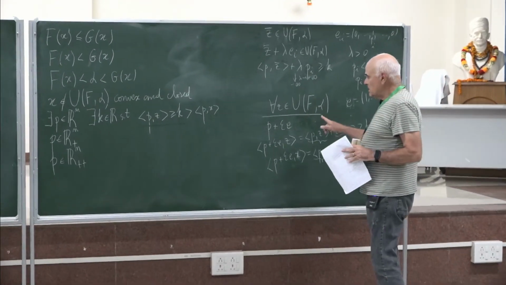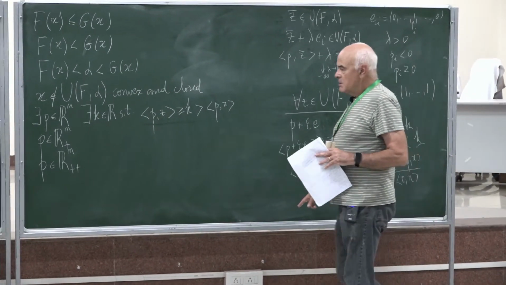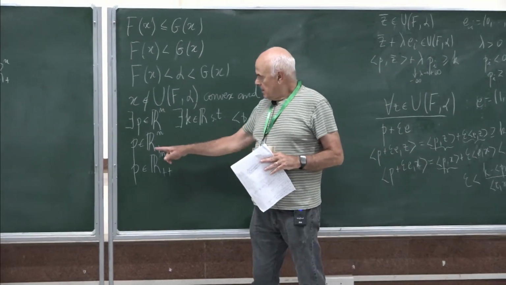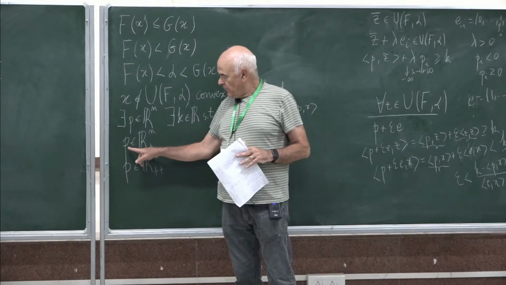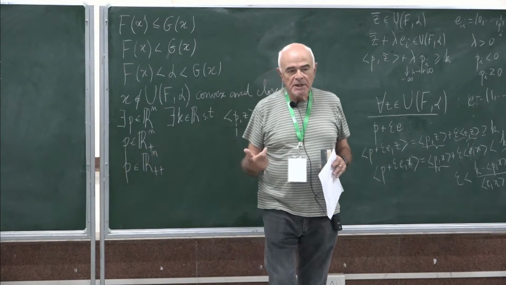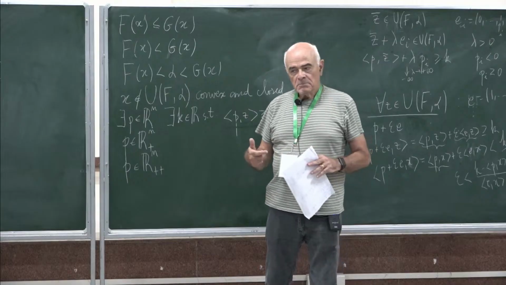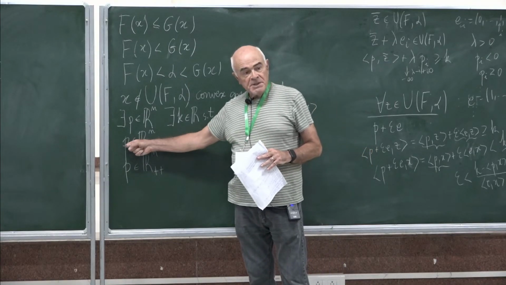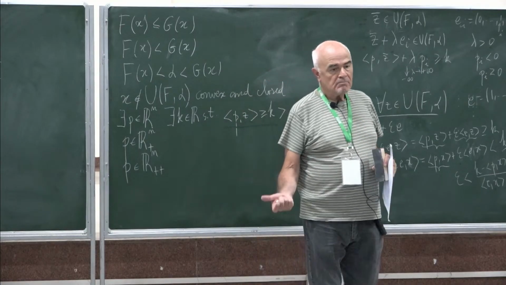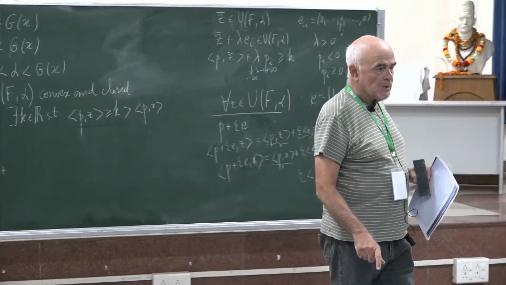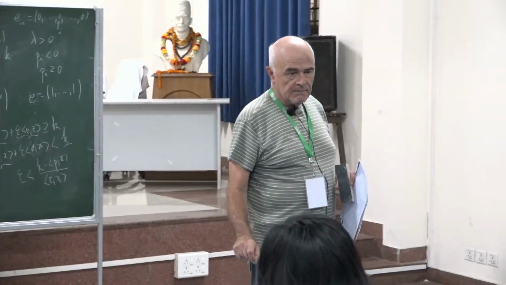No. This argument is to show that if my separating hyperplane is defined by some P which is not strictly positive, I replace it with another one which also separates but is strictly positive. So without loss of generality, I can take P strictly positive.